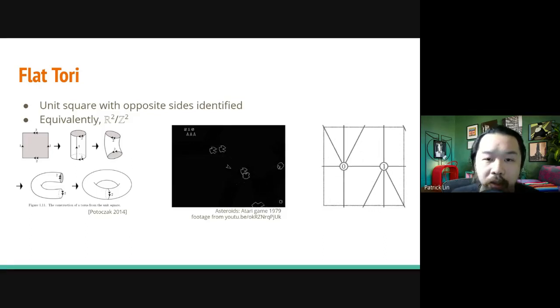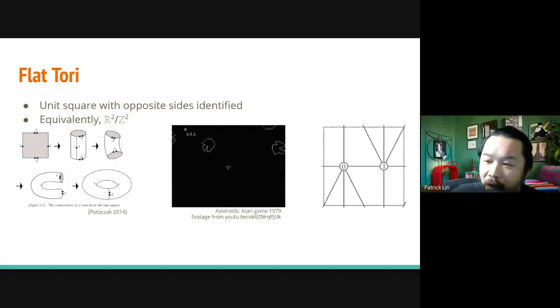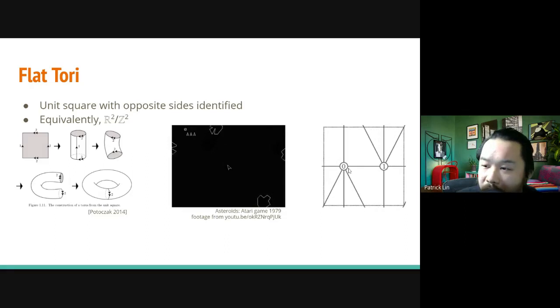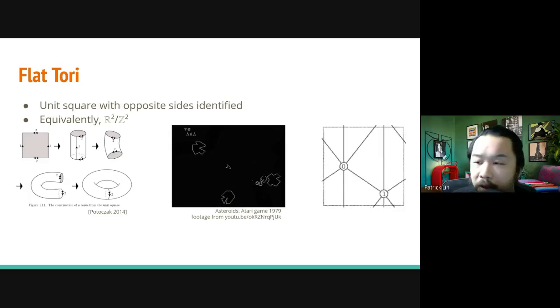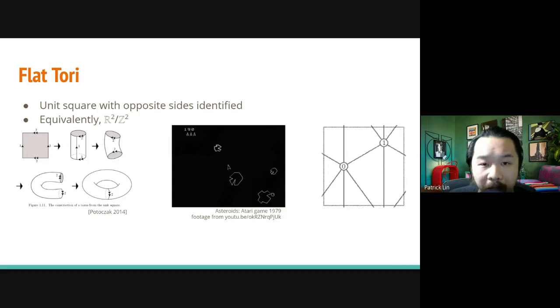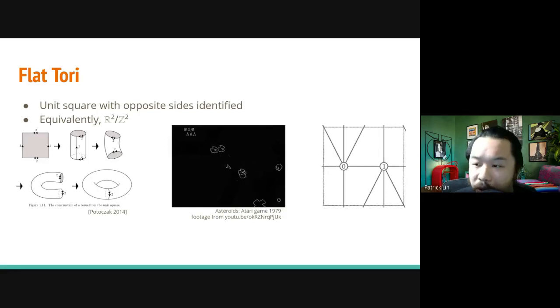If you look at the graph on the right here, between 0 and 1, I can go from 0 to 1 without crossing any of the boundaries. There's only one geodesic that can do that. If I want to cross strictly the left boundary, there's only one geodesic that can do that between 0 and 1. If I want to wrap up and over, there's only one geodesic that can do that.